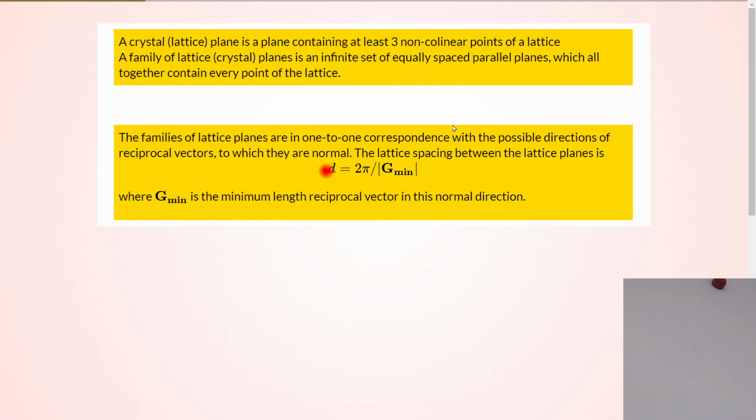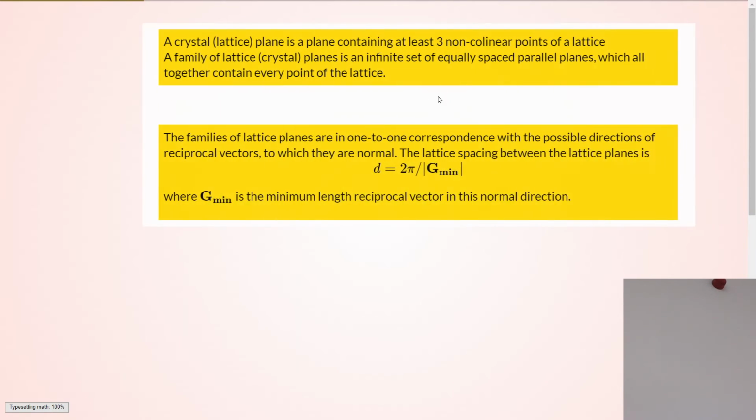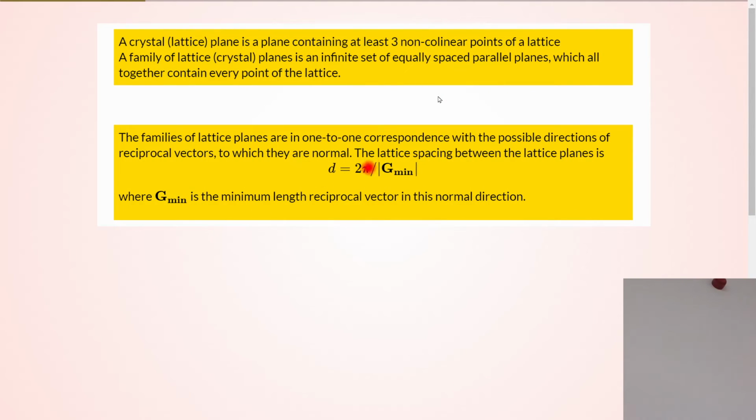We said that they would be identified with a distance, so the spacing between the planes in that orientation would be given by 2 pi over the length of the reciprocal lattice vector, which is going along that direction.